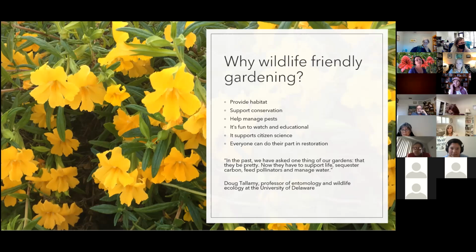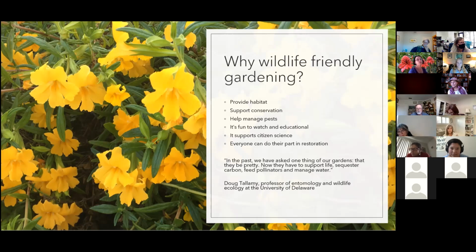It also supports citizen science if we report what we view in our gardens, and everybody can do their part in restoration and conservation. And so I have a quote here from Doug Tallamy, who is a professor of entomology and ecology at the University of Delaware, and he's a big promoter of wildlife friendly gardening and our gardens playing a role in conservation on a larger scale.